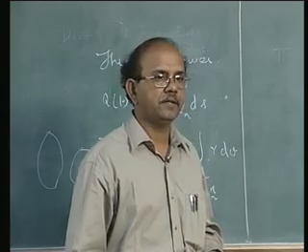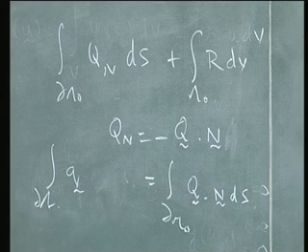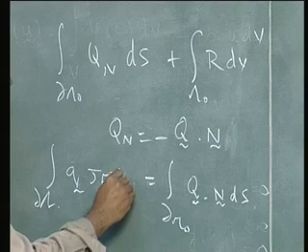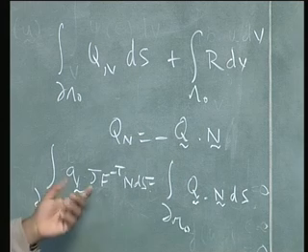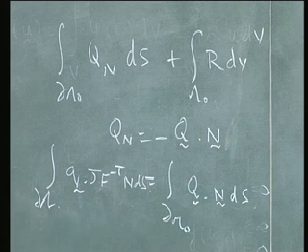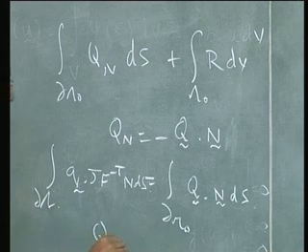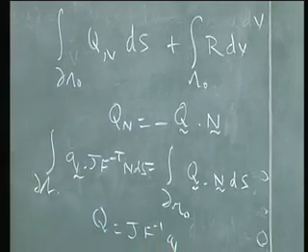J F inverse transpose N d capital S replaces n d small s, so this can be replaced by q dot J F inverse transpose N d capital S. Now I have to use the definition of the transpose, so that ultimately I can define Q to be J F inverse q.